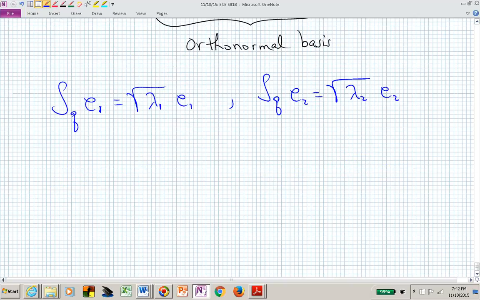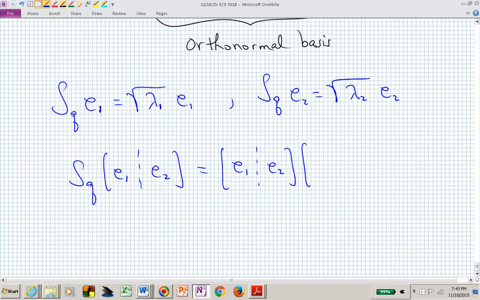If we combine those two into one matrix structure, we now have S sub Q times this matrix E1, E2, then we have E1, E2. So this is now our matrix X, and on the far right-hand side is the scaling of those orthonormal vectors, which is made possible by forming this diagonal matrix with the square root of lambdas on the diagonal.